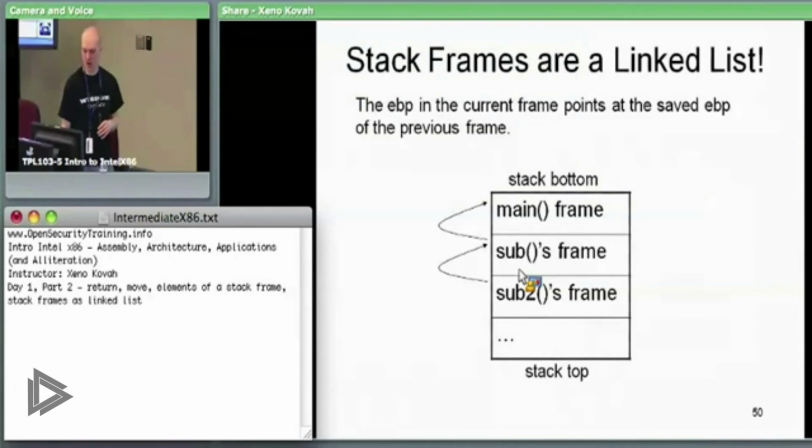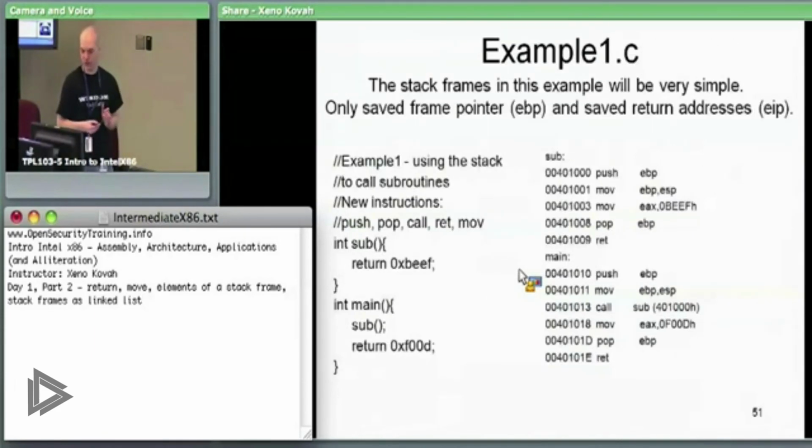All right. So I'm just going to describe what we're going to do here with example 1, and then we're going to take our 10-minute break. With example 1, we have exceedingly simple C code. We have main, and main calls a subroutine sub.